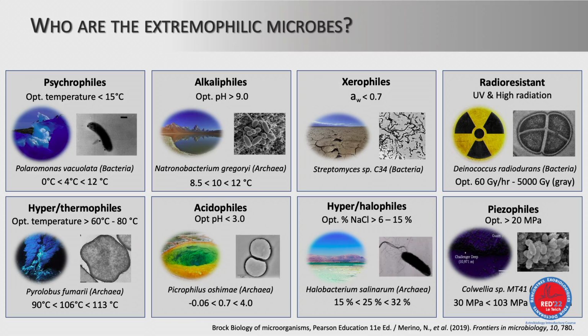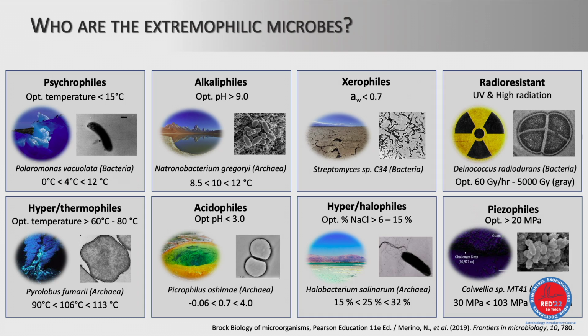We can also find some radio-resistant microorganisms. They can cope with really high UV and gamma radiation. Here is an example with Deinococcus radiodurans. It's a well-known bacterium which can cope with really high radiation: 5,000 gray, which is 500 times the dose of radiation that a human can live with.